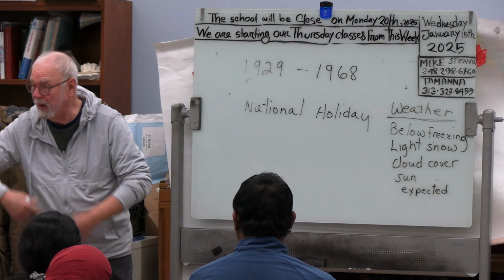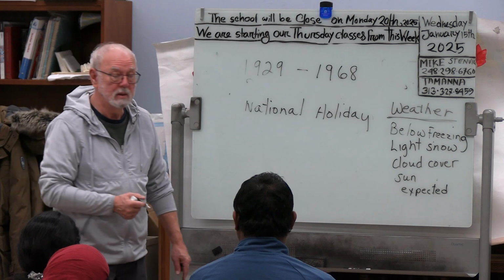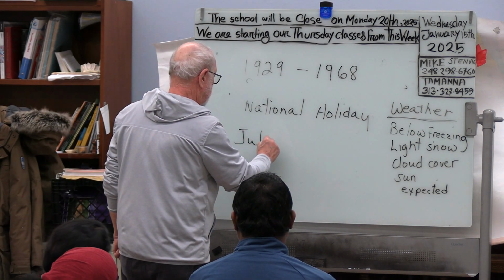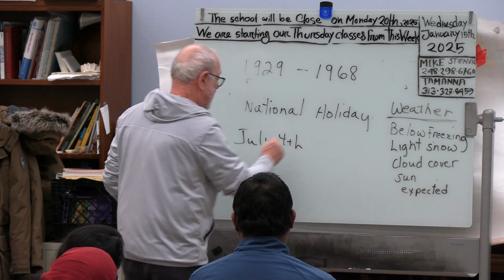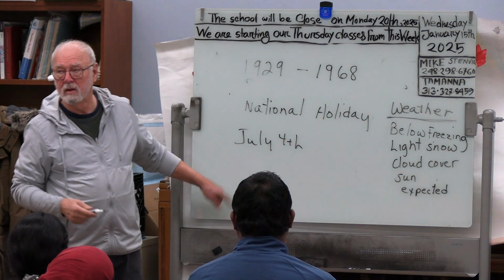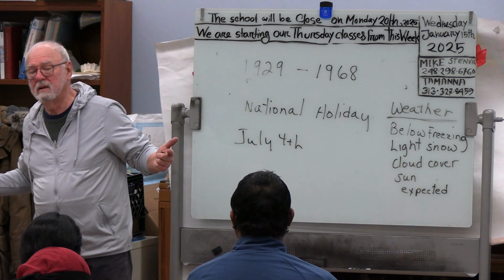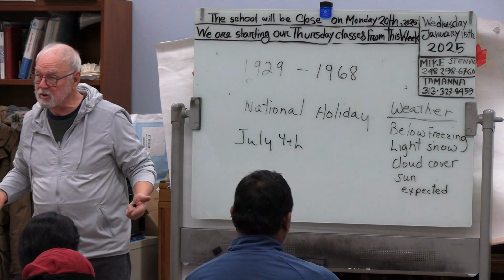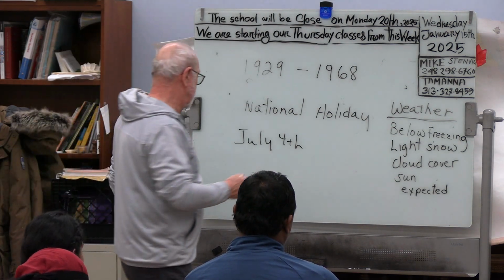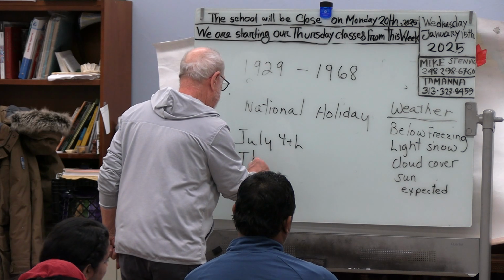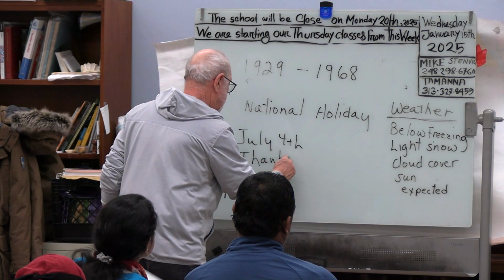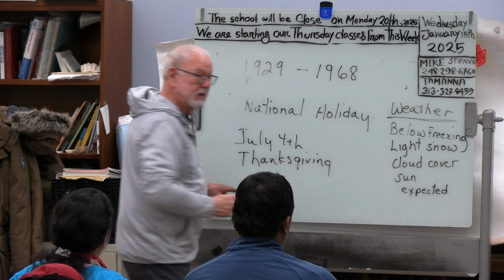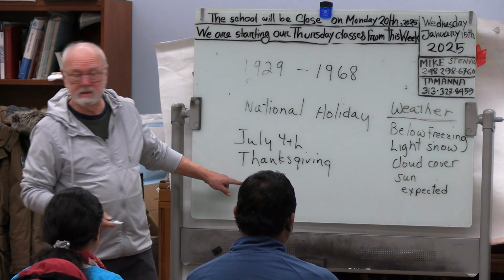When the U.S. offices close. January 20. Monday. July 4. What's that? Independence Day. National holiday. Thanksgiving.